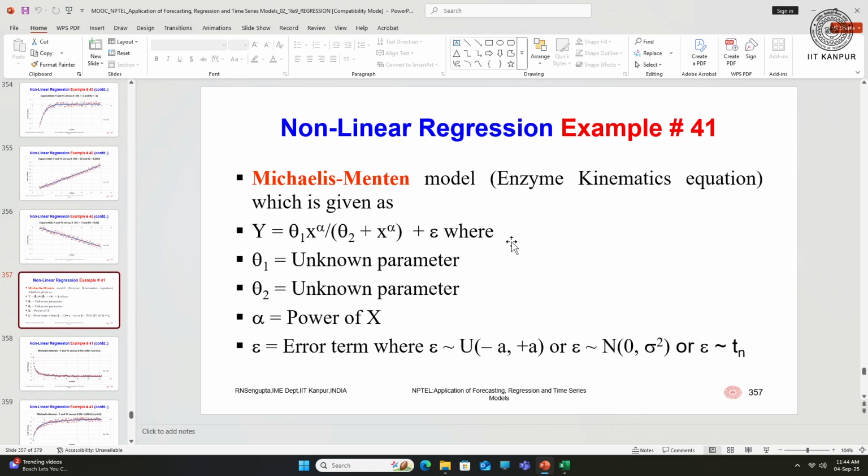You can also have the error as normal with 0 mean and sigma square as the variance. Increasing or decreasing sigma square will give you a lot of information about how the variability can be controlled, and epsilon can be a t distribution with n degrees of freedom. As n increases, which I am mentioning and repeating, sorry for that, you approach the normal distribution with 0 mean and 1 as standard deviation.